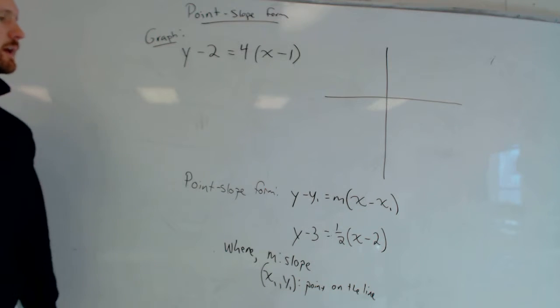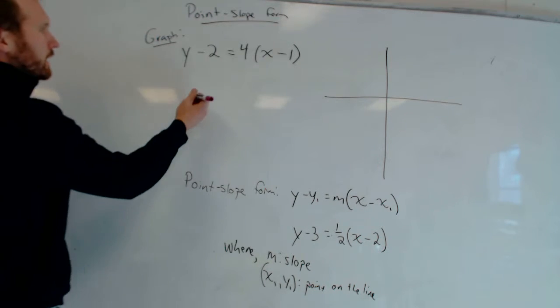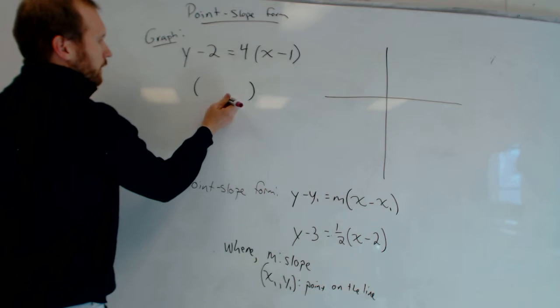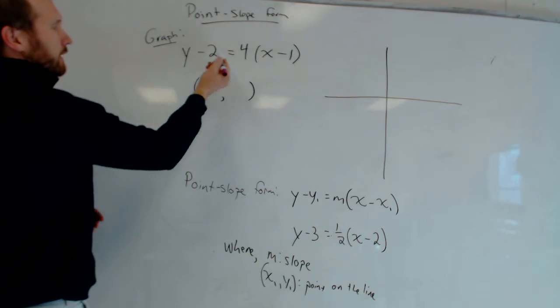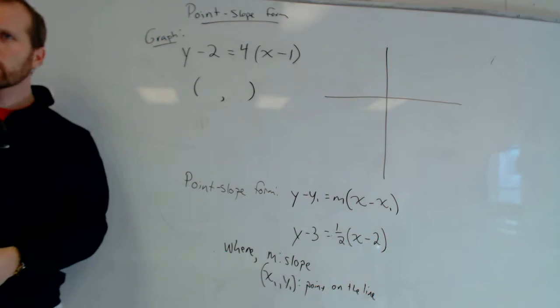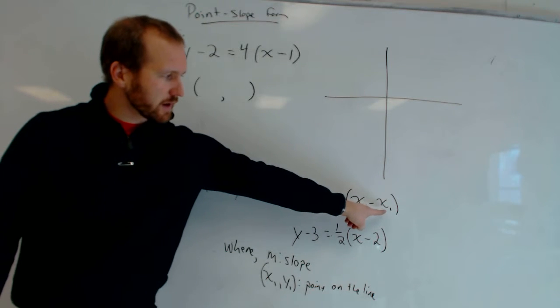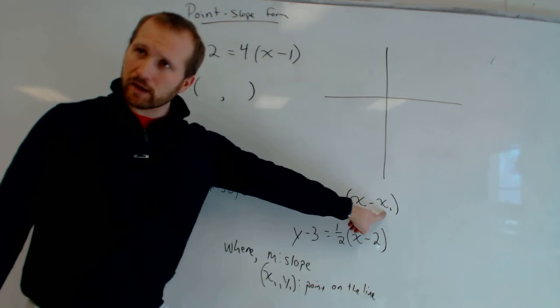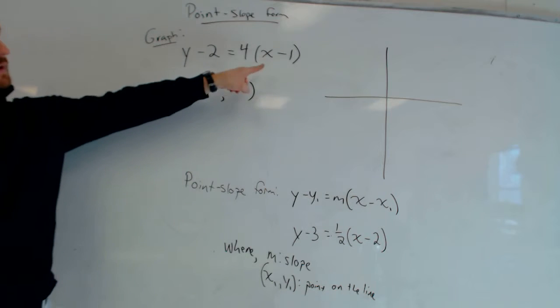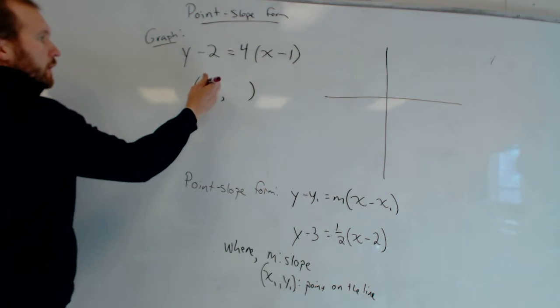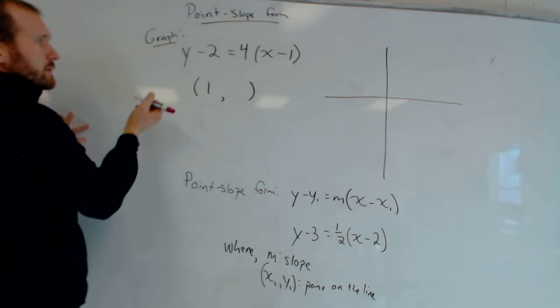The only thing I have to do is say, oh, well, I know my point is (x1, y1). So what is x1 in this equation? It should be the number that's right here at the end of the parentheses. So it is 1. What is y1 in this equation?